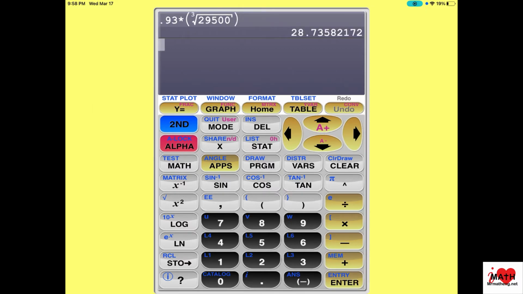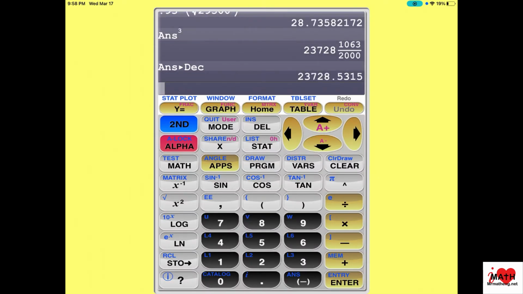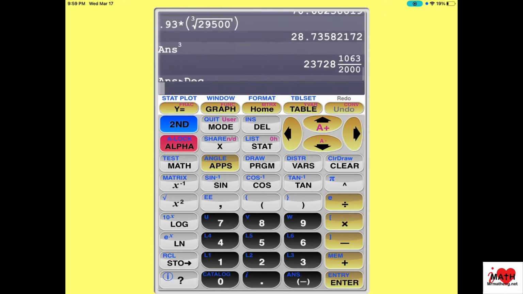It's going to give us this number. Then, to get V by itself, I'm going to have to cube it. So if you take the answer, don't touch anything, and put the caret, which is above the division sign, and to the third power. So 28.7 to the third power, essentially. And you're going to get some very large number. There it is. Yeah, that's the number I wanted. So I'm going to take a picture of this, and then I can put that into our answers.